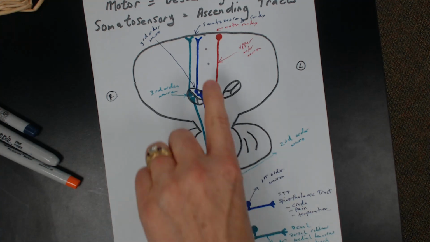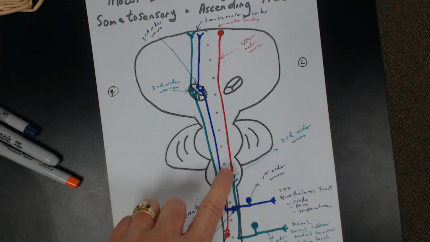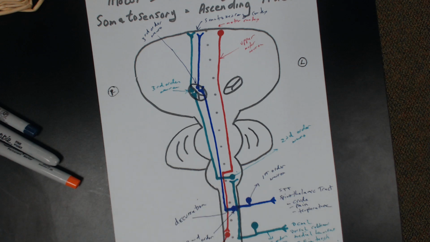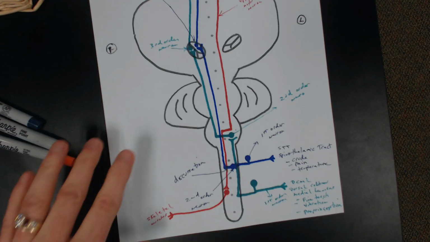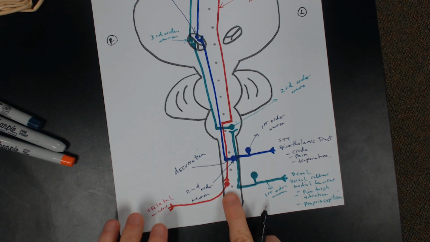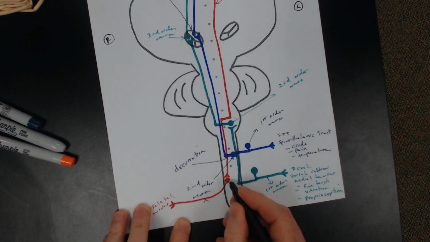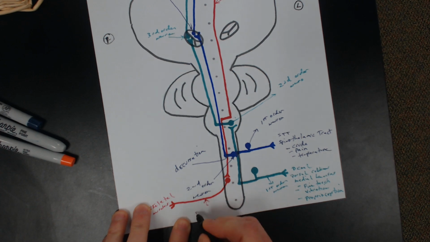The neuronal cell body resides in the motor cortex and sends out an axon that travels down through the brainstem and the spinal cord to synapse with this other neuronal cell body. This other one is going to be your lower motor neuron.